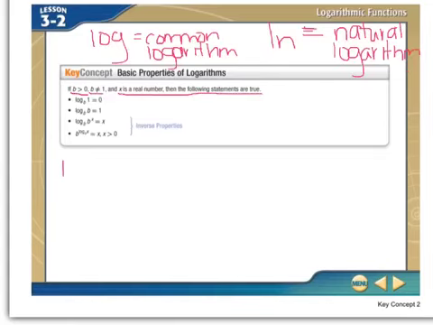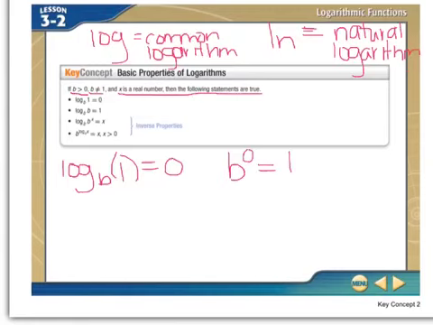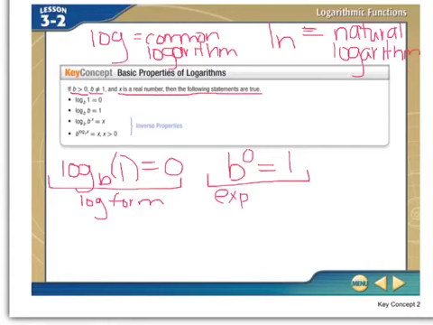Now, if you think about that statement, log base b of 1 is equal to 0, what they're really saying exponentially is b to the 0 power is equal to 1, right? These two statements are equivalent. This is written in log form, and this is written in exponential form.